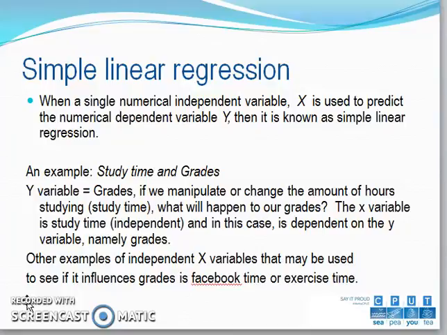The example that I used earlier on was study time and grades, where grades is the dependent variable. If I want to manipulate or change my grades, then I will try and see if I can change my independent variable to adjust my grades.